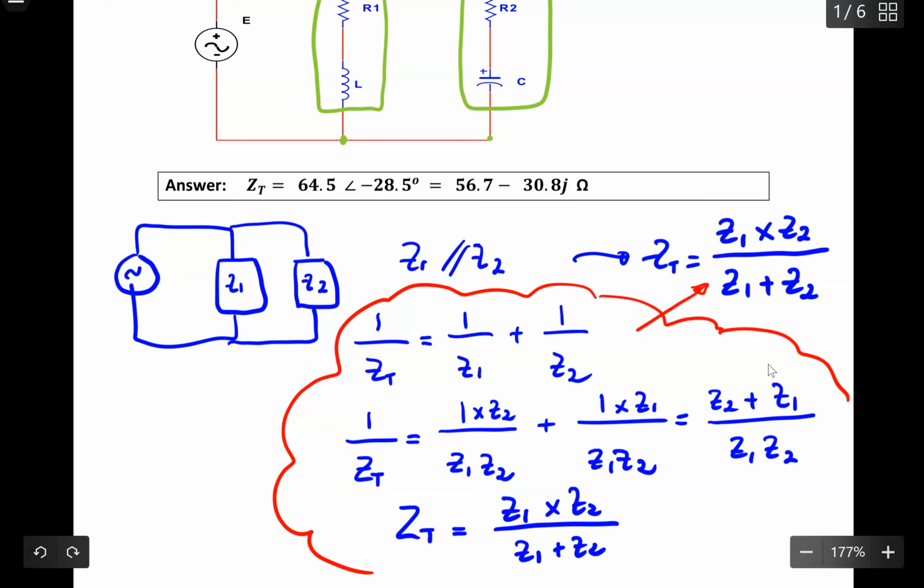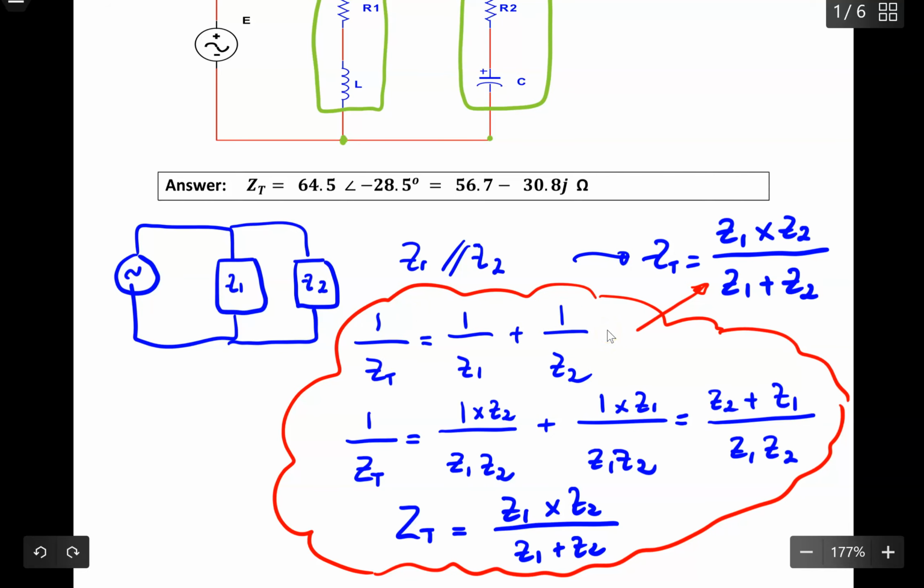Don't forget, I use product over the sum because most of the time I'm working with just two impedances in parallel with each other. As soon as you have three impedances in parallel, don't use product over the sum, but analyze and find Z total using these formulas.